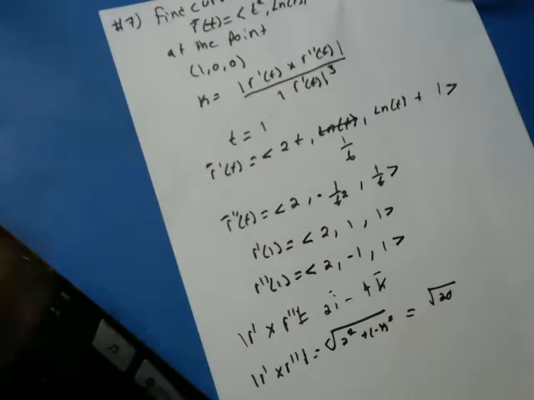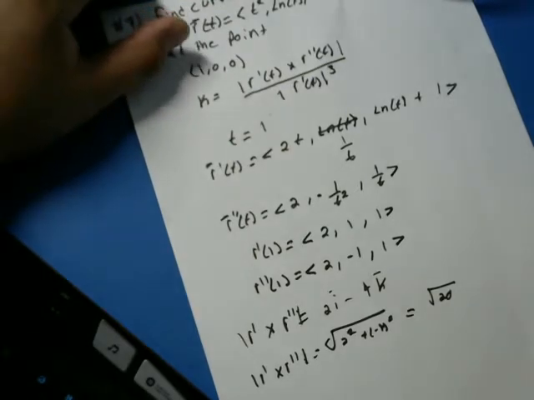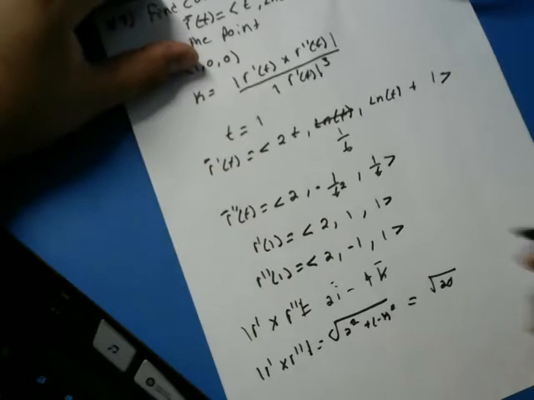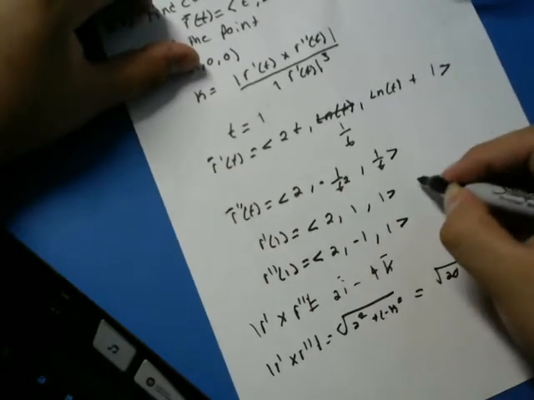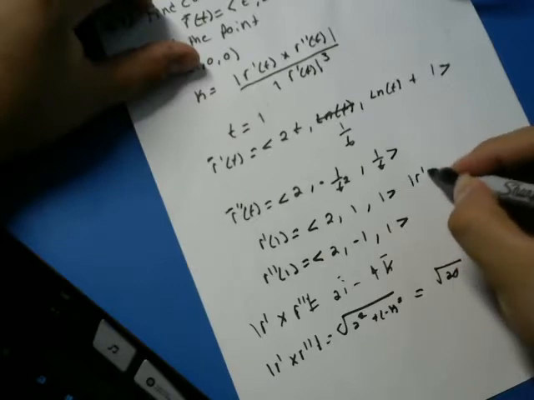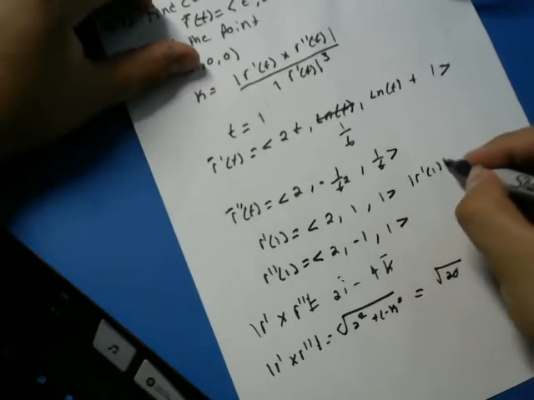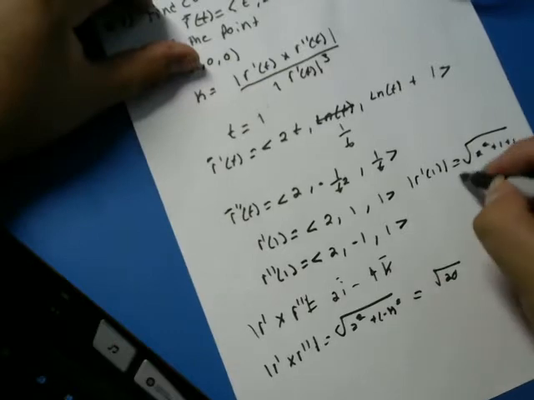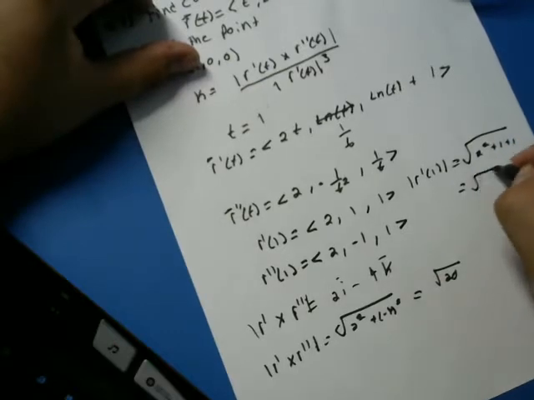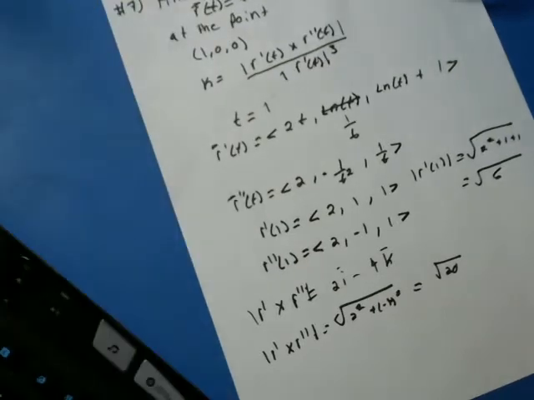Now we want to find the magnitude of r prime cubed. We can go back up to r prime of 1 and find the magnitude. It's just going to be equal to the square root of 2 squared plus 1 plus 1, which is the square root of 4, 5, and 6.